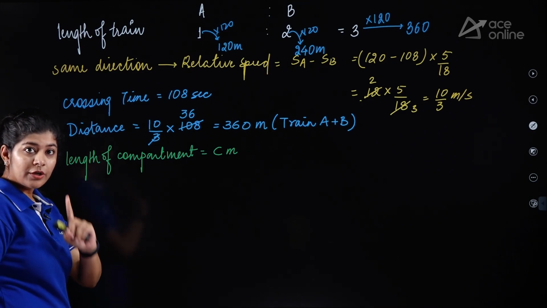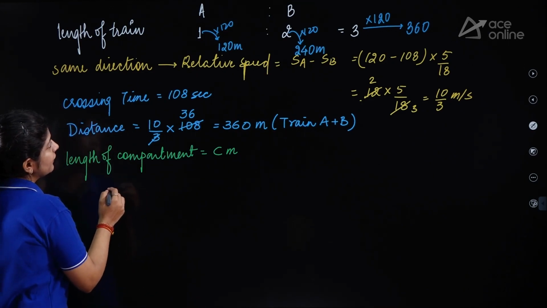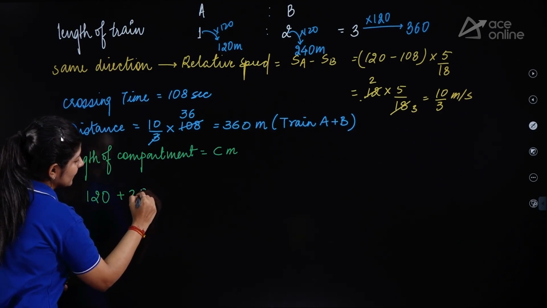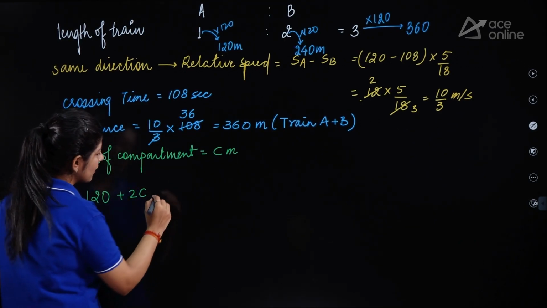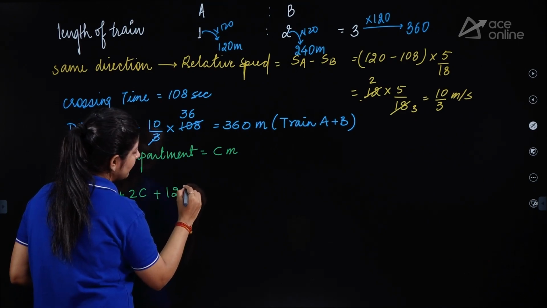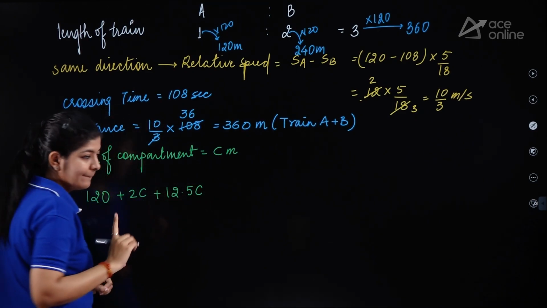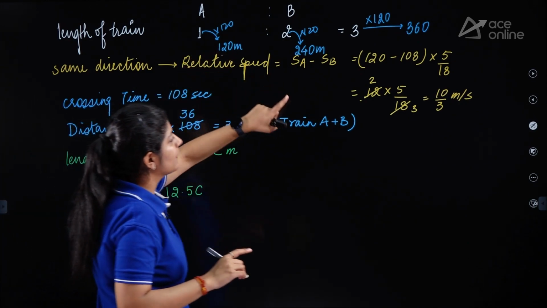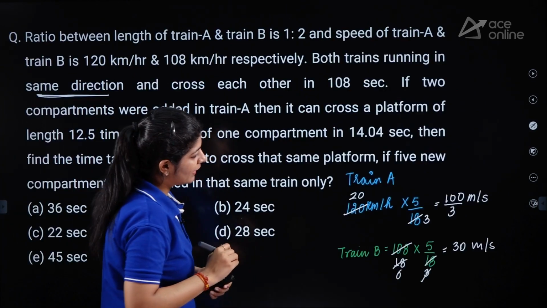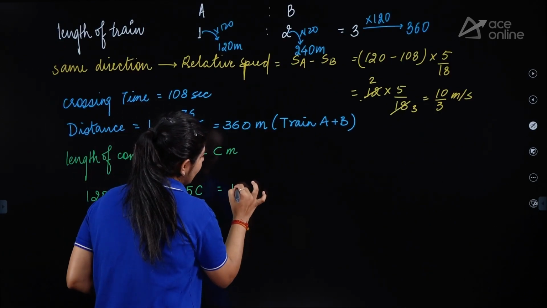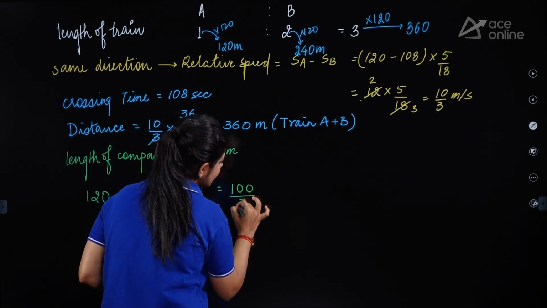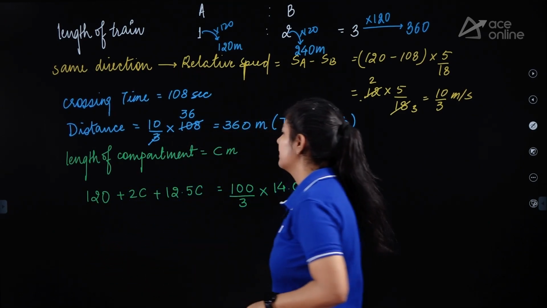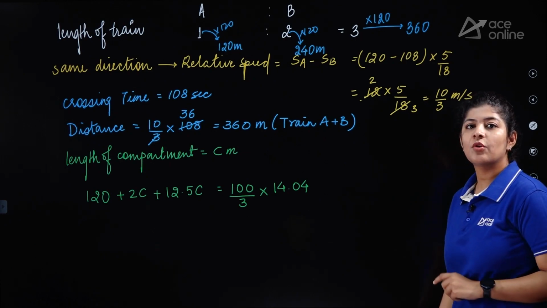Okay, so according to the question, train A, with 2 compartments added, is crossing a platform of 12.5 times each compartment length with the same speed, 100 by 3. It is crossing it with this speed in 14.04 seconds.